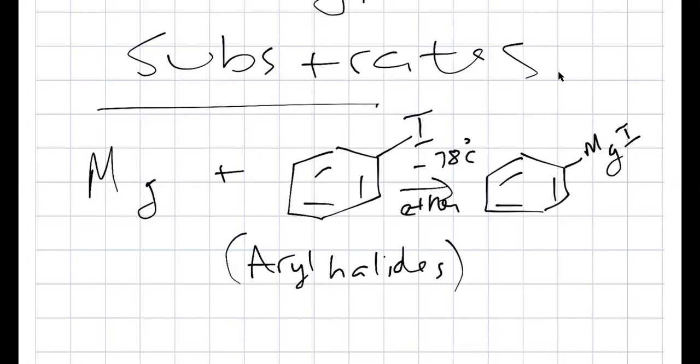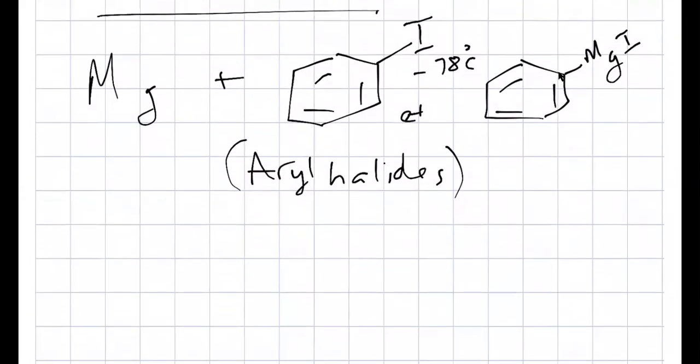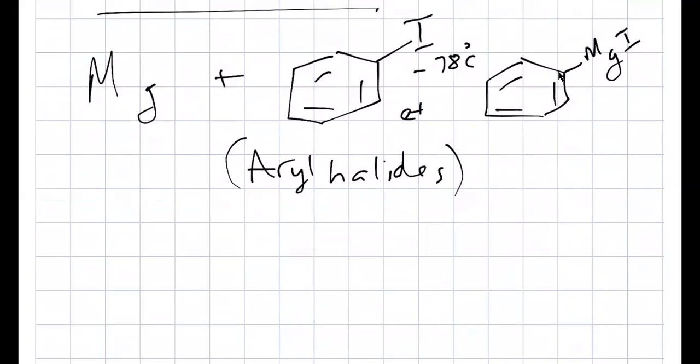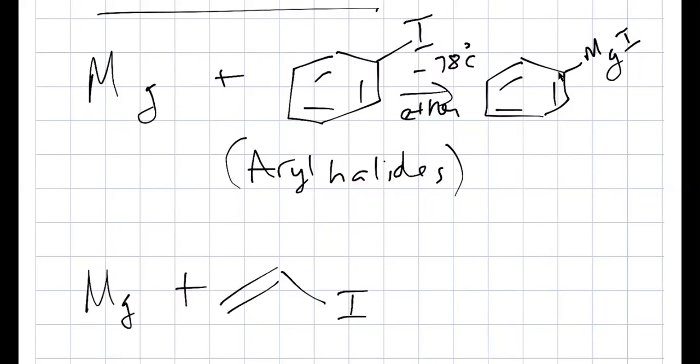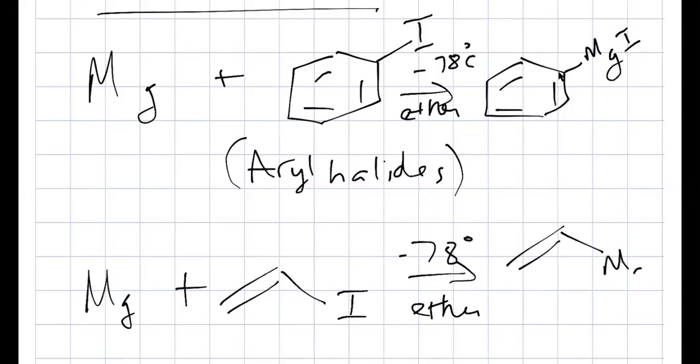So you can make an aryl Grignard, or you can make a vinyl Grignard if you take magnesium and a vinyl halide. I'm going to say iodine again. I'm using iodine for a reason. I'll tell you in a second. Minus 78 in ether, and you're going to get a vinyl Grignard.